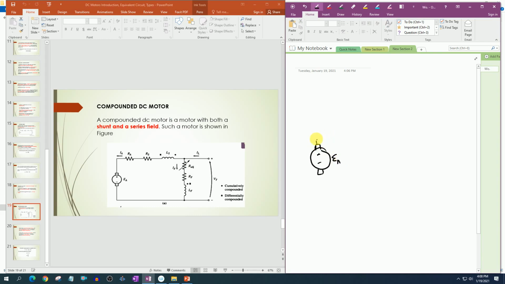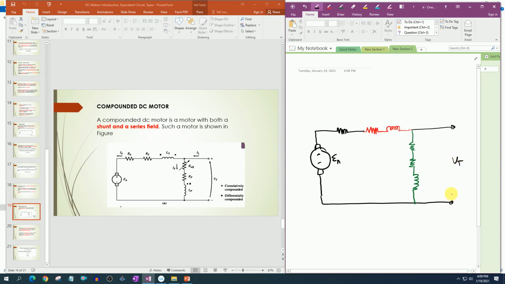EA, armature resistance. Now this is the field winding resistance, field winding inductance, this is shunt winding resistance and shunt winding inductance. So that's how a compound DC motor looks.